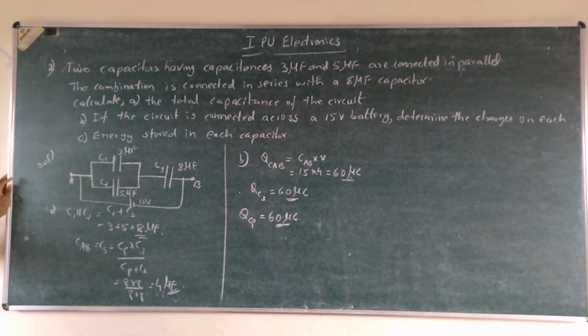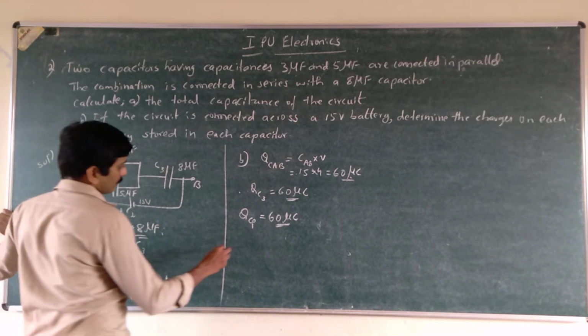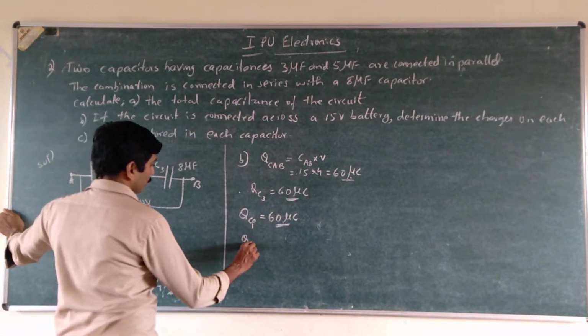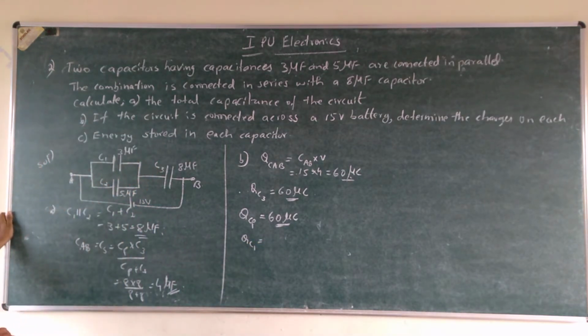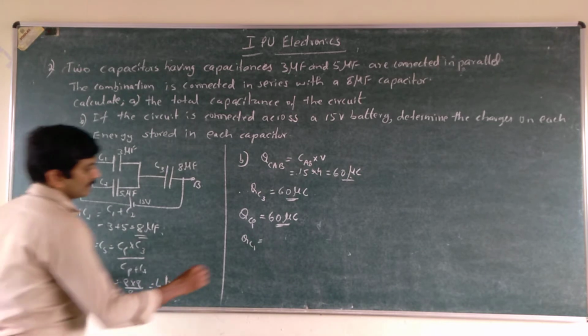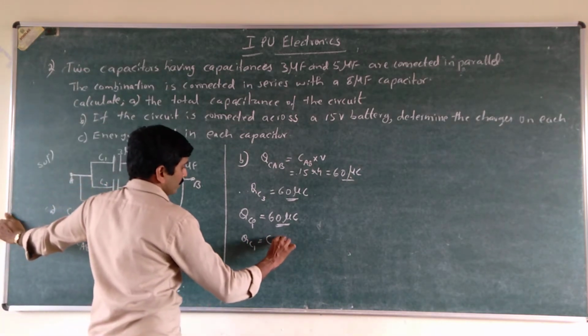Equal to 60 microcoulomb. Now, what is the charge on C1 and C2 individually? You have to calculate it. We have the formula Q equal to C into V. C1 into what is V?